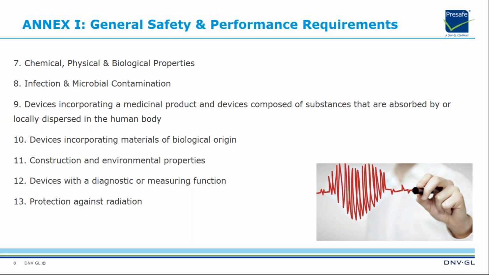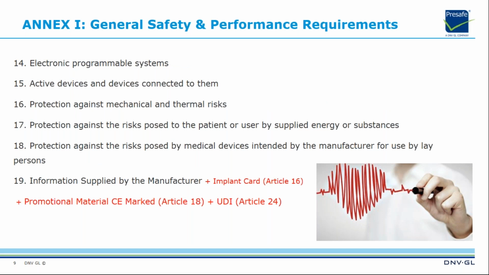Devices incorporating materials of biological origin, construction and environmental properties, devices with a diagnostic or measuring function, and protection against radiation. All these items are mentioned in the general safety and performance requirements.